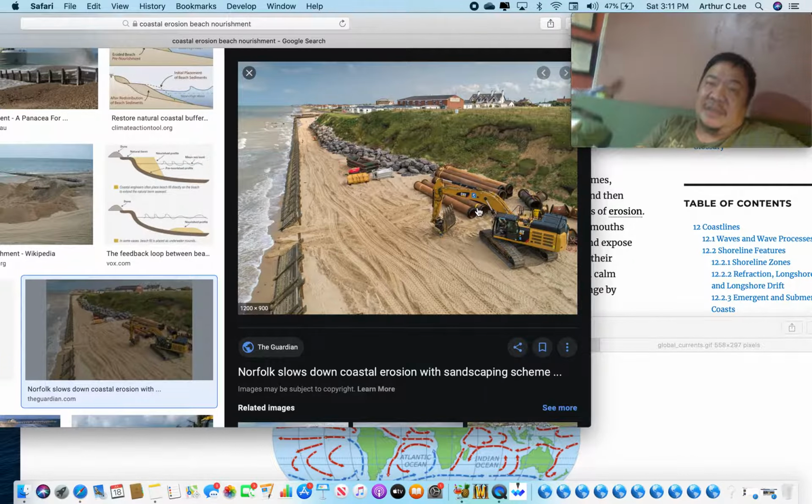And the buying and selling of sand to protect coastal property is a multi-billion-dollar business. Did you know that more money is brought into the state of California by tourism than Silicon Valley and Hollywood combined? And what attracts people to California is the beaches.